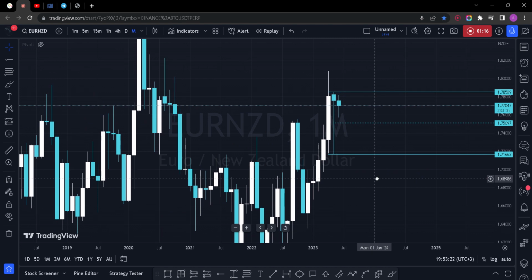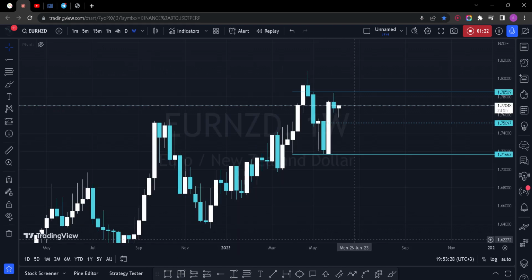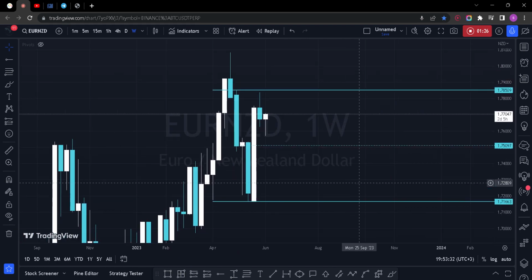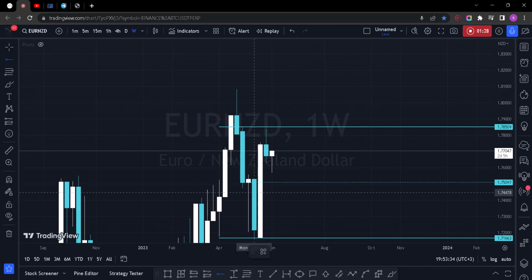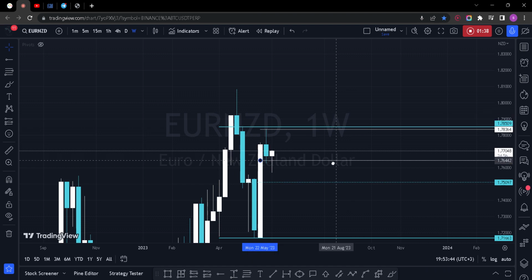Then we zoom into the weekly, just to form my higher time frame bias. So right here we have the previous week's high, and the previous week's low.